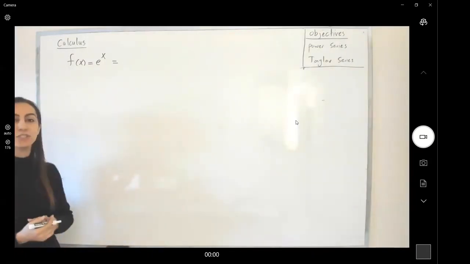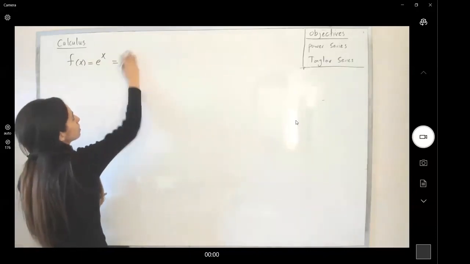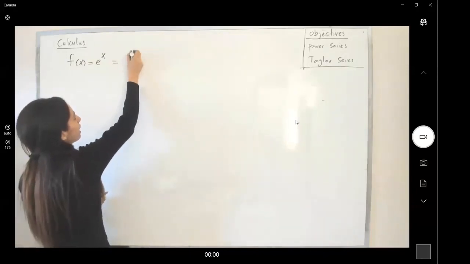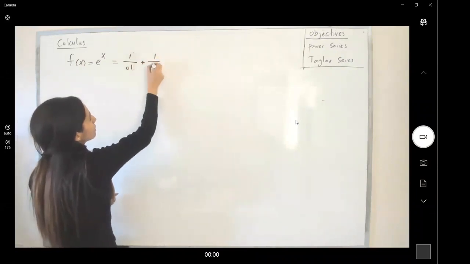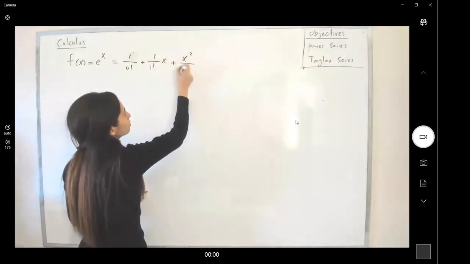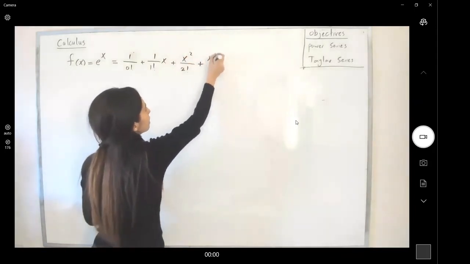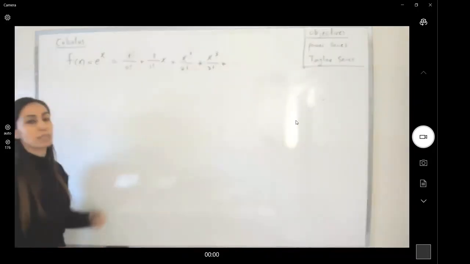For example, for e to the x, we saw that it's equal to 1 divided by 0 factorial plus 1 over 1 factorial times x plus x squared divided by 2 factorial plus x cubed over 3 factorial plus the rest of the terms. So this is just the expanded form.